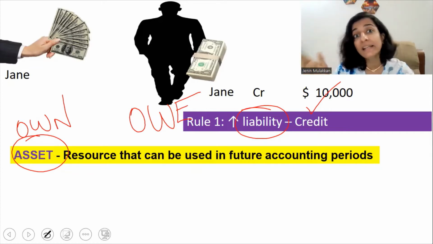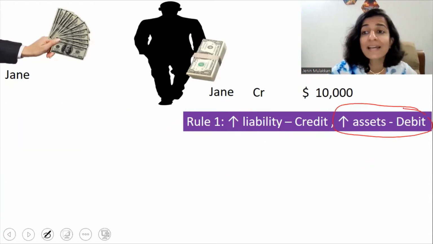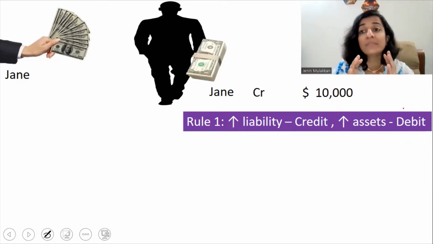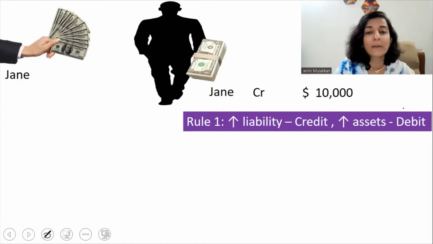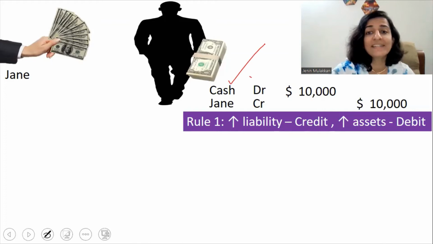That is exactly the opposite of credit. So continuing with rule number 1, increase in asset has to be debited. So since the asset that we have received is cash, cash account has to be debited with $10,000. So cash account is debited with $10,000.